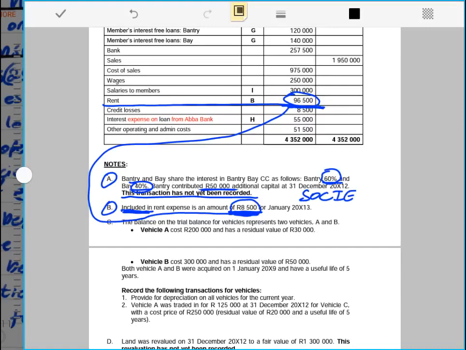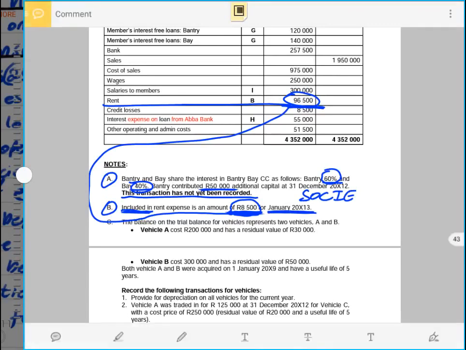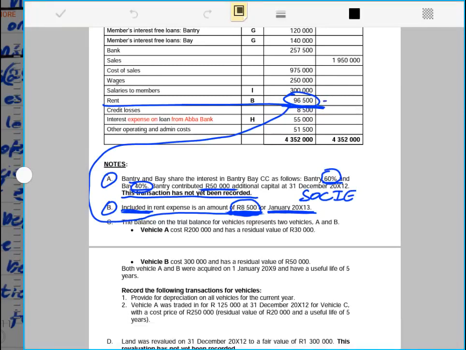So now 8,500 was not supposed to be paid in the current year because it belonged in the year 2013, in the month of January 2013. For that reason, 8,500 must be removed out of the 96,500.